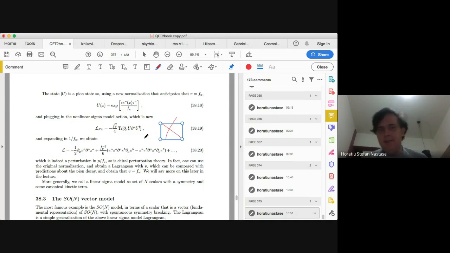So this is a vertex that is an expansion in P over F pi. In terms of the interaction, this is an expansion in P over F pi.